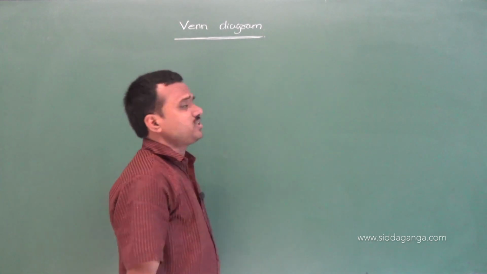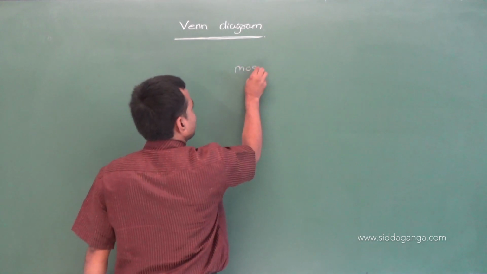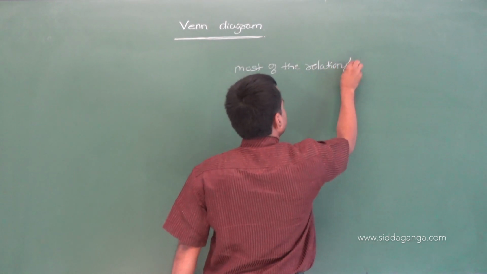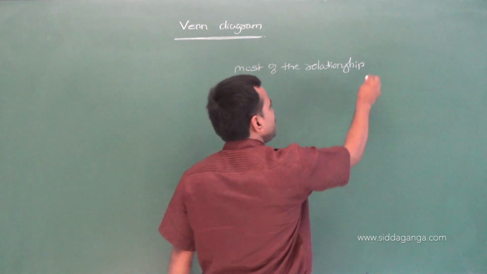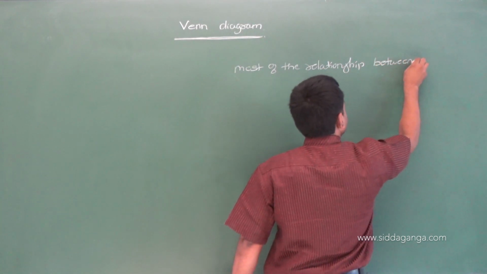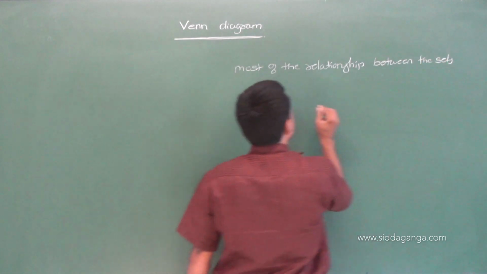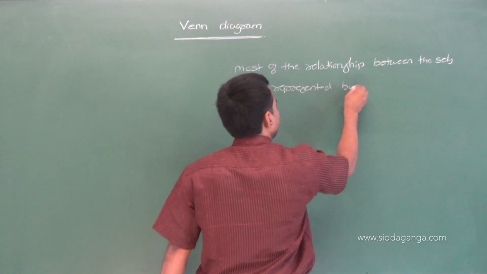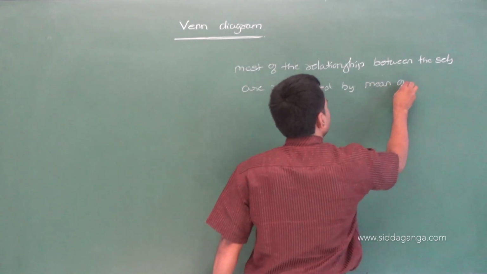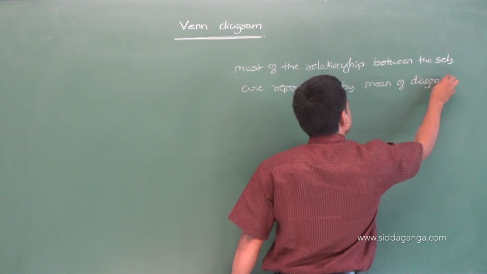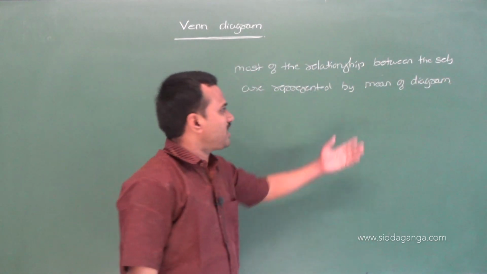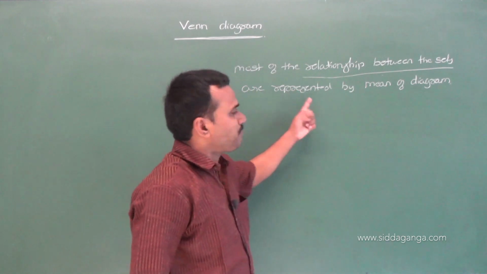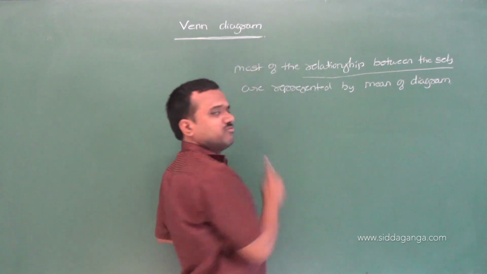See, most of the relationships between the sets are represented by a means of diagram called a Venn diagram.